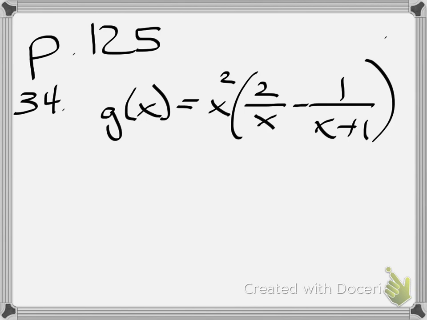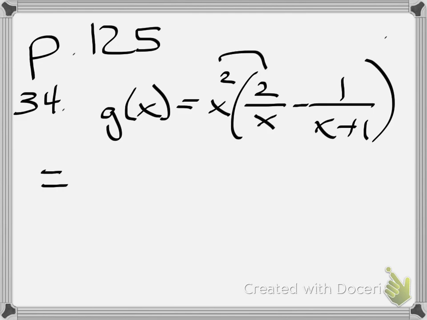So, if we're trying to take the derivative of this, I don't know if I would see it as a product with a very messy second term, or if I would want to distribute. I really think I would distribute first.